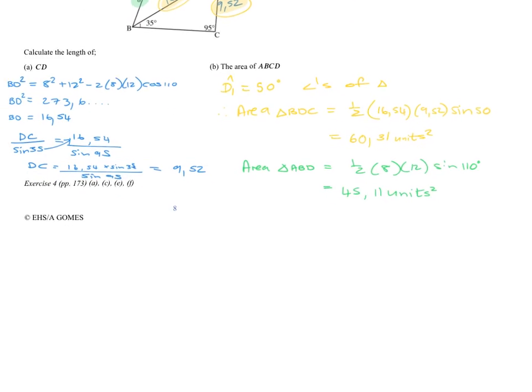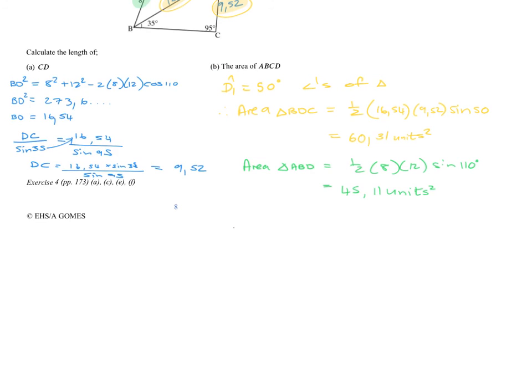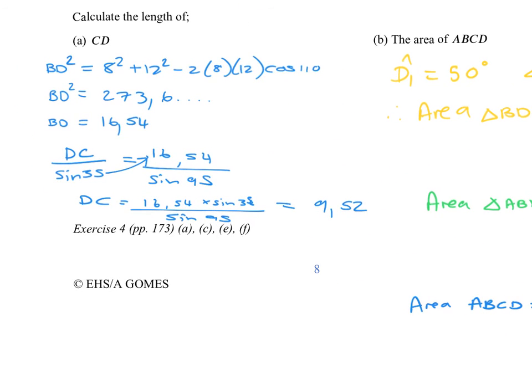And then we just need to bring it together. So the area of the whole shape is going to be 60,31 plus 45,11, and that's going to get us to 105,42 square units.